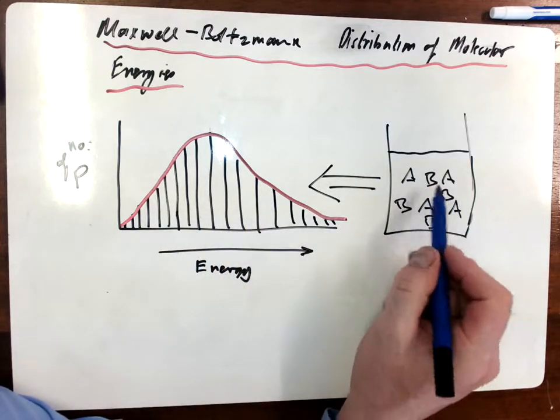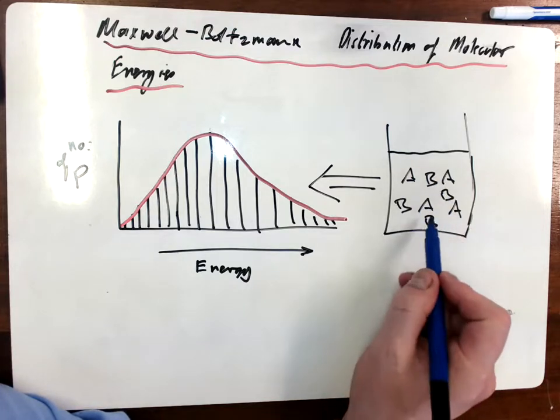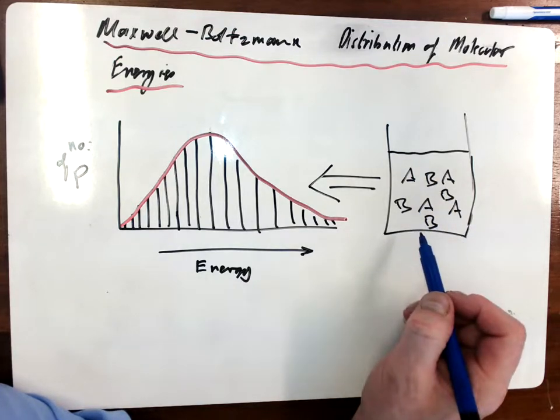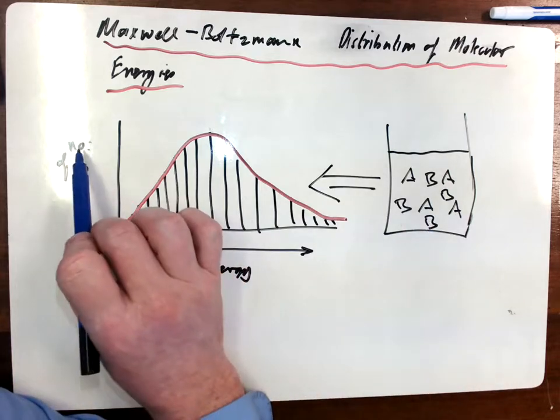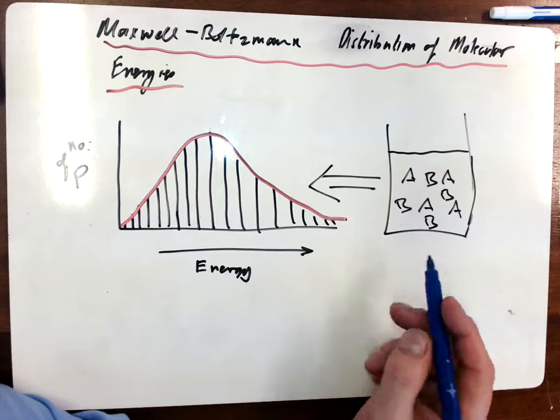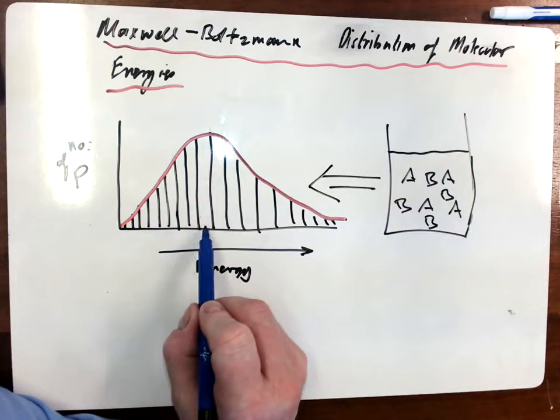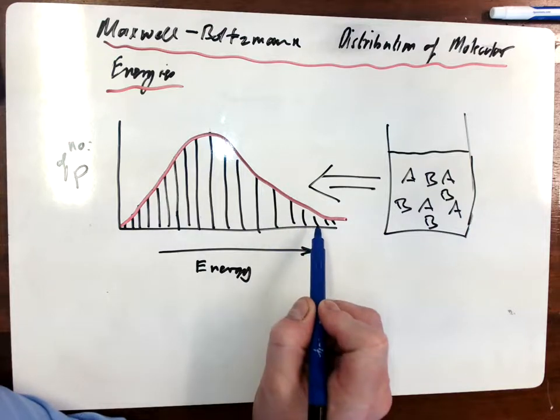Okay, so it's some sort of magic microscope which allowed me to look at the speeds of all of these and then somehow map them. And I plot those against the number of particles with those particular energies or speeds.